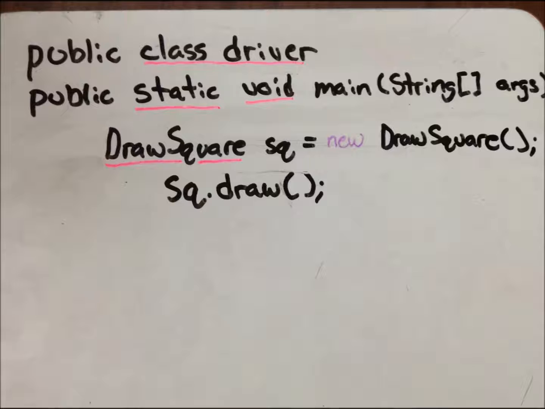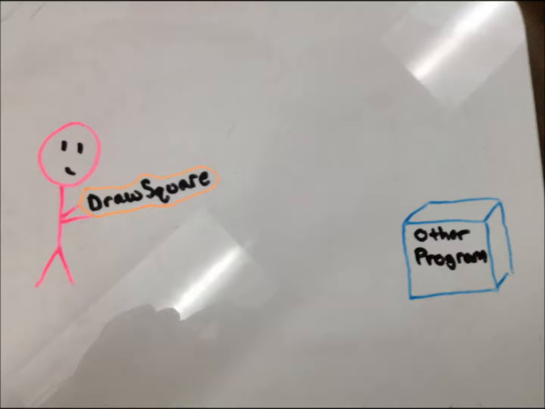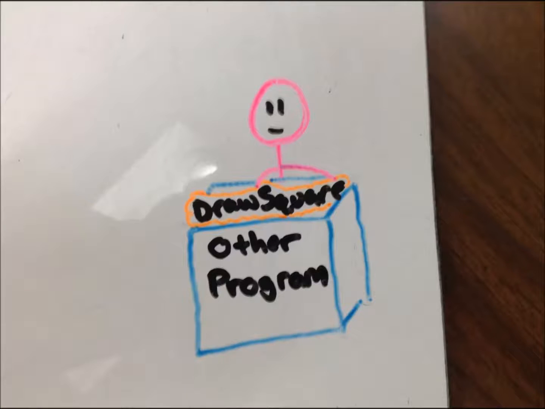SQ is a new instance of drawSquare. The SQ in the next line calls the draw method in the drawSquare class. After I get everything working, which usually takes time and patience and the occasional tears, I can take the drawSquare class and use it in other programs later on.